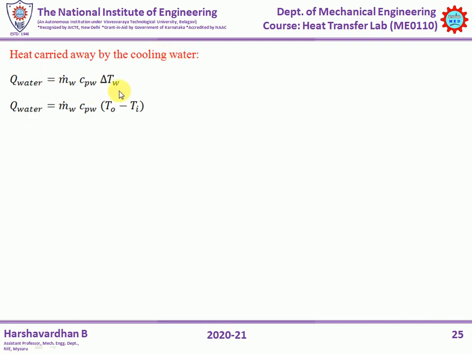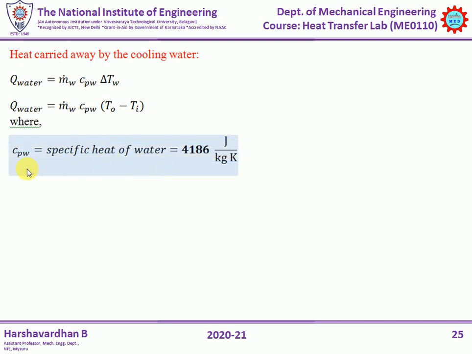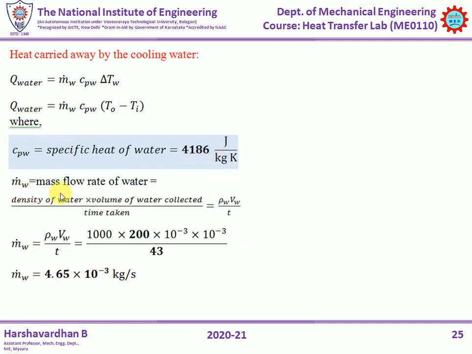This can be calculated with the help of the thermodynamic equation m Cp delta T. Here Cpw, the specific heat of the water, is 4186 joule per kg Kelvin. The mass flow rate of the water can be obtained by multiplying the density of water with the volume of water collected and then dividing by the time taken. So we substitute the density of water as 1000 and the volume of water collected as 200 ml.